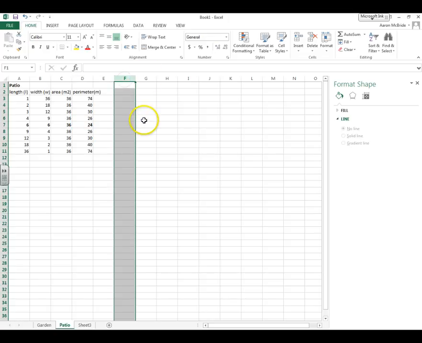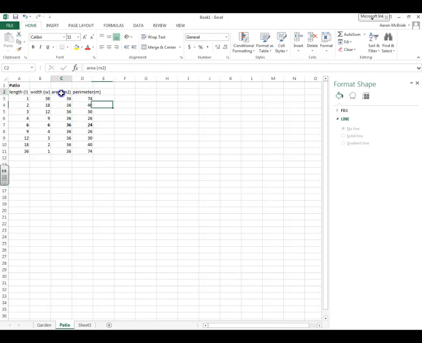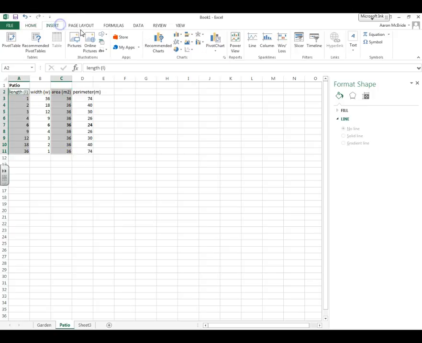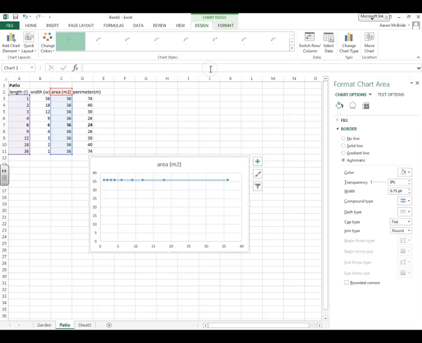Let's look at the graph of this. As before, I'm going to highlight all the values, including the header, for area, length. I'm going to go up here and insert a scatter chart with a trend line. Oh, that doesn't look very good. So let me pause.